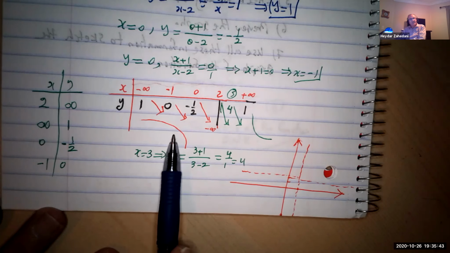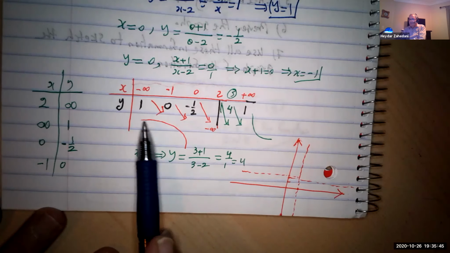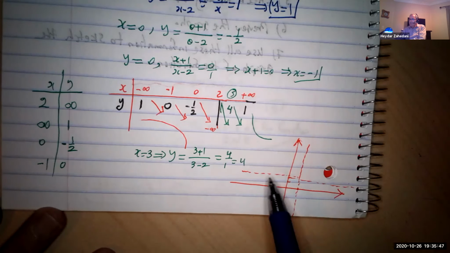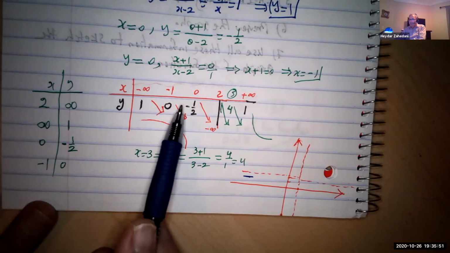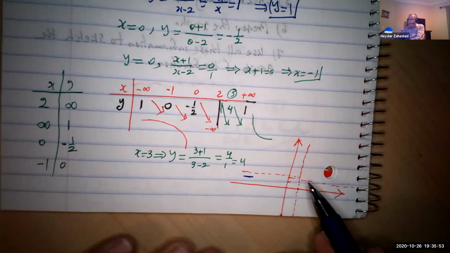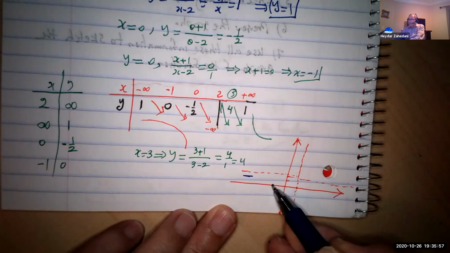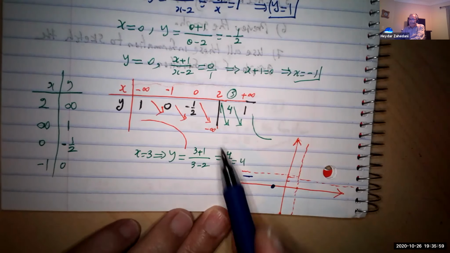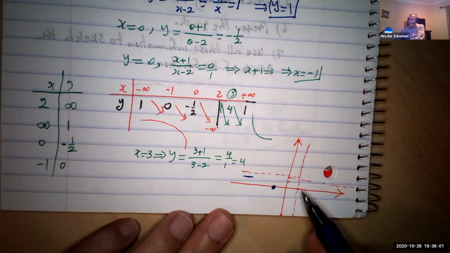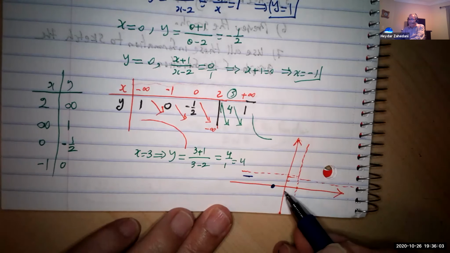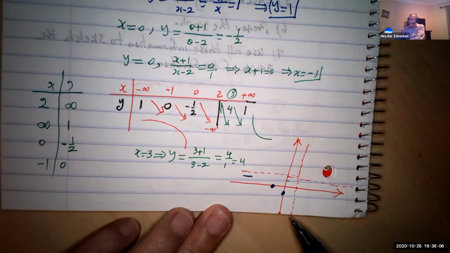Exactly what you did over here, you bring it here. So you start from here, you're going down, -1 and 0. This is going to be -1. Then you go to 0 and -1/2, and you go down.